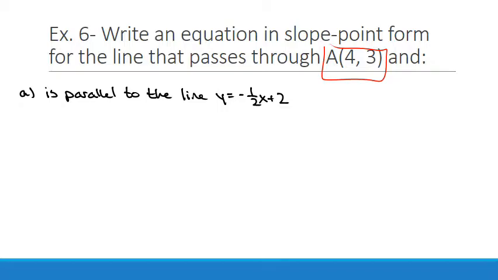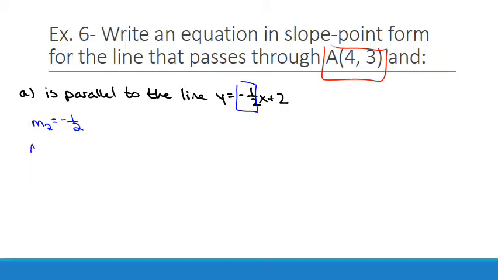Well, we have to think back now. What characteristic will ensure that these lines are parallel? Hopefully you remember that their slopes have to be equal. So our slope for this new line, we'll say m2 for the second line, will have to be negative half, because the slope in this given line is negative half.